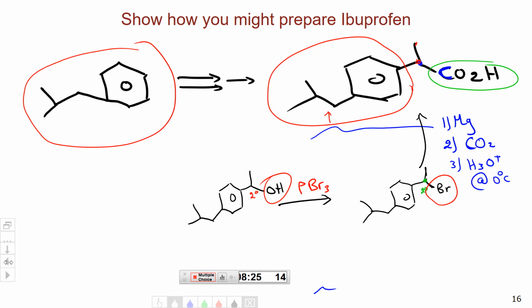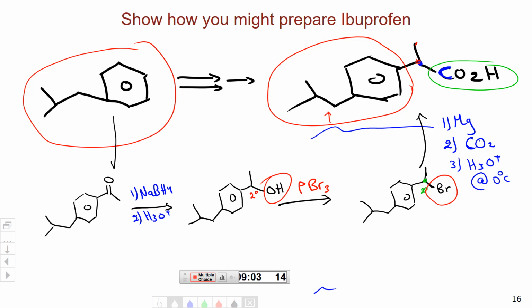One of the ways to prepare a secondary alcohol without changing the number of carbons is the reduction of a ketone. So I'm going backwards, saying this used to be a ketone, and I reduced it. I can reduce a ketone using sodium borohydride or lithium aluminum hydride. So that's the reduction of a ketone to a secondary alcohol.